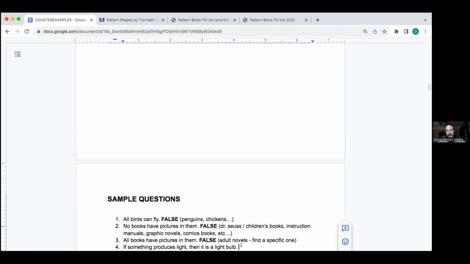Okay, I claim that if something produces light, then it is a light bulb. Is it true, or can someone prove me wrong? Okay, fireflies. I'll say it again. I was saying if something produces light, then it is a light bulb. And I'm getting fireflies, the sun, plenty of counterexamples.